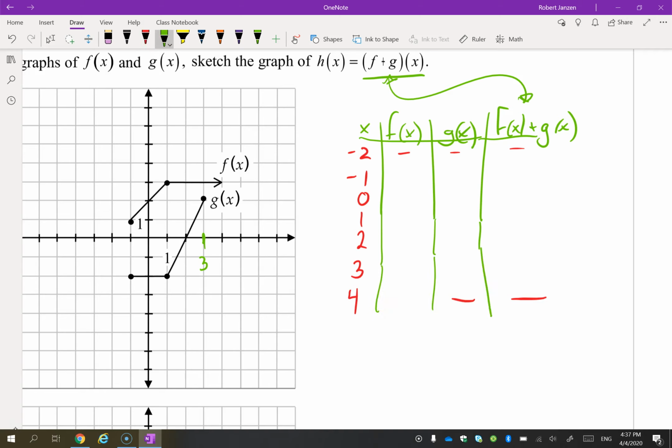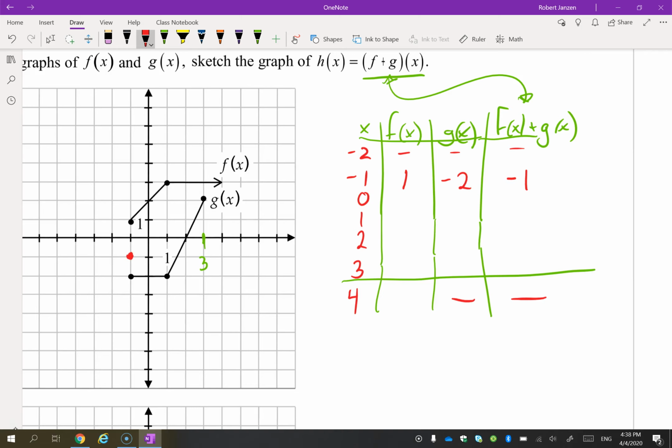Okay? So we're going to look in there. So, what is f of x at -1? It's 1. What is g of x at -1? It's -2. If we add f of x plus g of x, you get -1. So this is our new graph. At -1, f of x plus g of x will be -1.